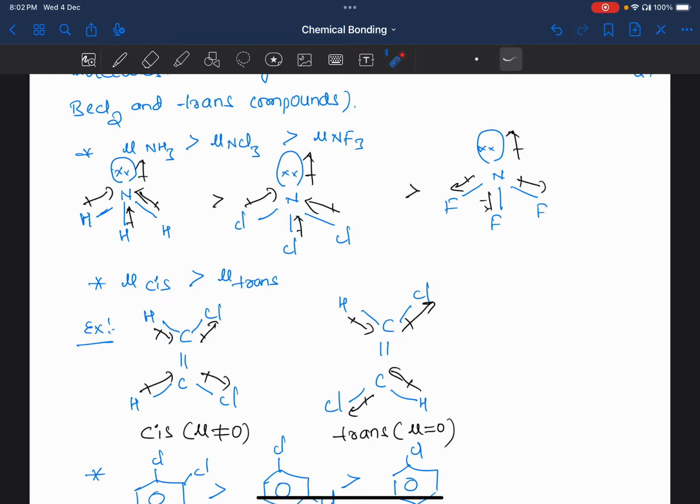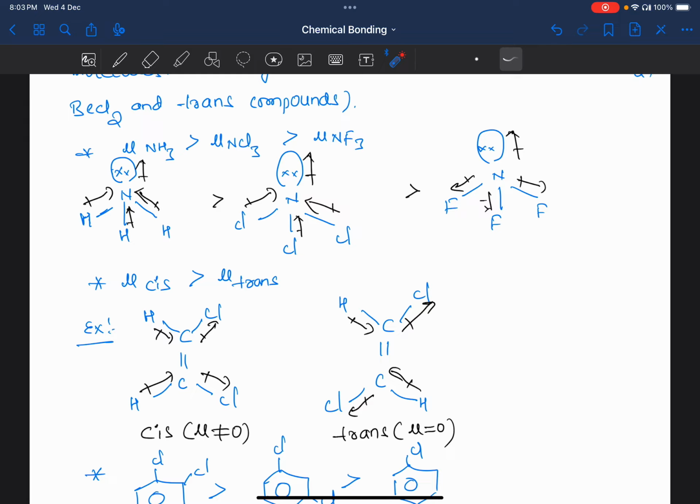Just observe that the dipole moment of this bond is cancelled with this, and the dipole moment of this is cancelled. So trans molecules are symmetrical. Due to the symmetrical structure, its dipole moment is equal to zero. But cis molecules are non-symmetrical. Therefore, for the cis molecule, the dipole moment is not equal to zero. Here we need not take up the value.